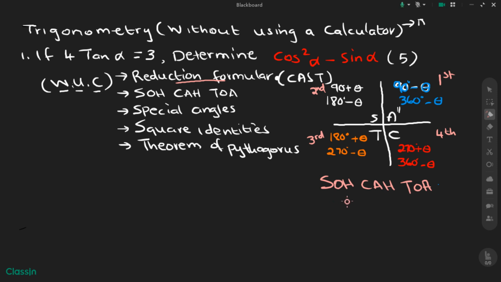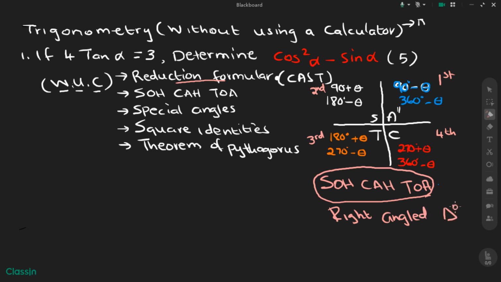So now it means we are only looking at right angled triangles. We can only use SOHCAHTOA if we have a right angled triangle. And this also goes together with special angles, because the special angles are right angled triangles.